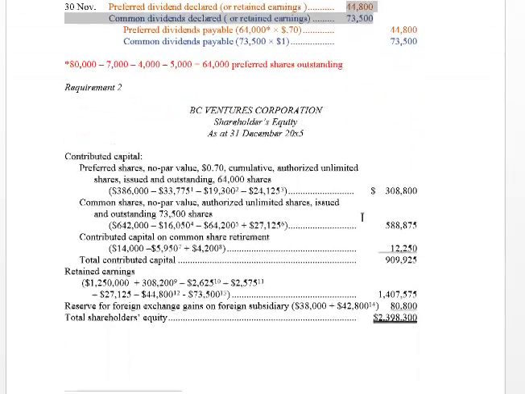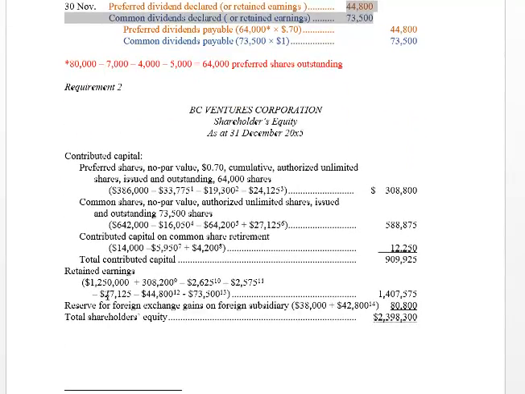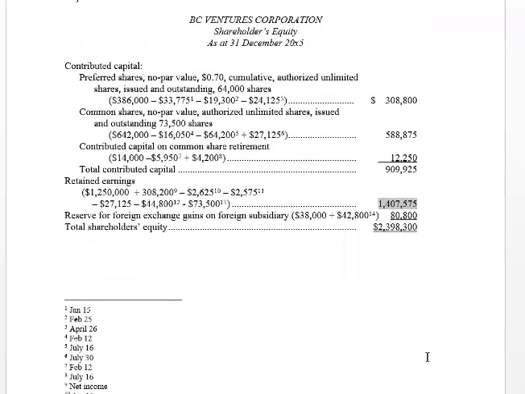In our case, all we did was separate them. So this $27,125 is the share dividends that were declared that got closed out to retained earnings, and these two amounts here were the cash dividends, the $44.8 for the preferreds and the $73.5 for the common. And that gives us in total $1,407,575 in retained earnings.